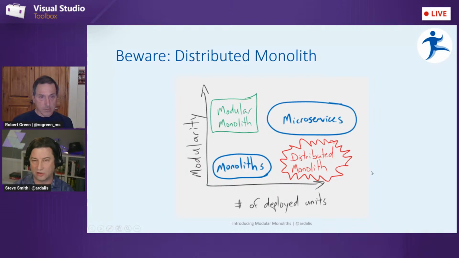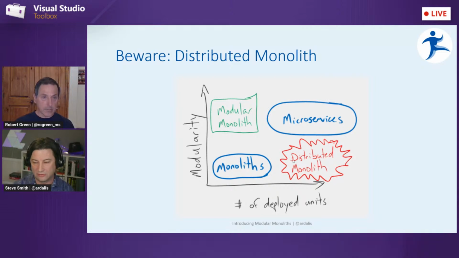So let me describe this graph for a second. Across the x-axis here on the bottom, this is the number of things you're deploying, right? So monoliths, it's one. Microservices, it's more. And then the modularity, monoliths generally, including layered style monoliths, are not very modular. But the modular monolith has more modules, and microservices are by definition modular, right?